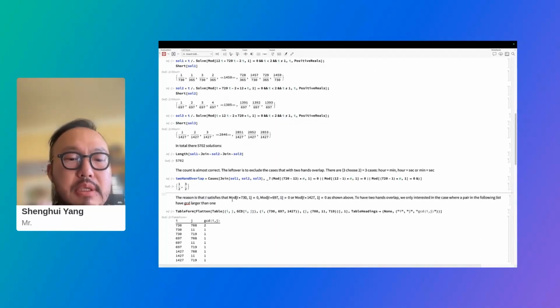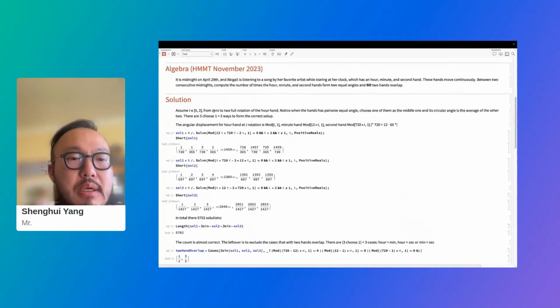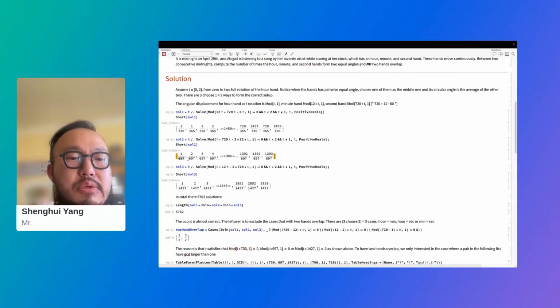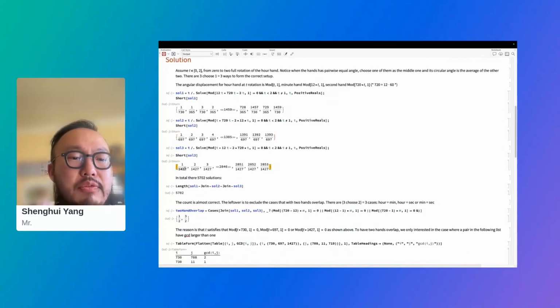If t is some valid time, it must satisfy one of the equations we have so far, because t times 720 is an integer, and t times 697 is an integer, and t times 1027 is an integer.